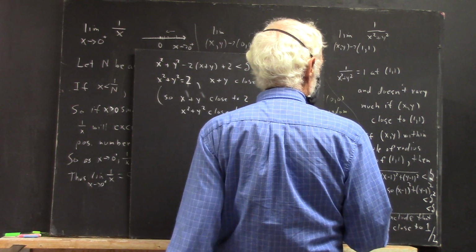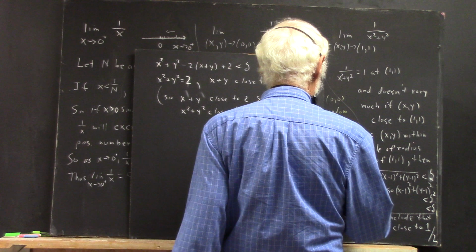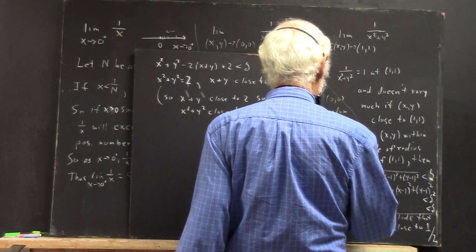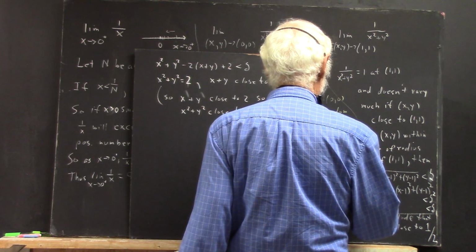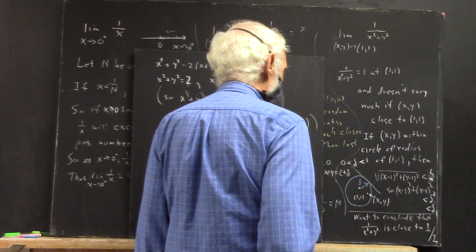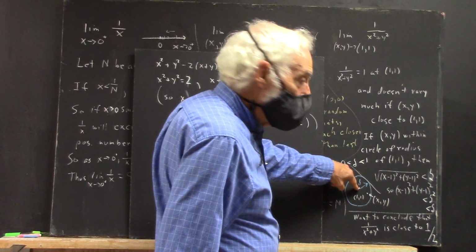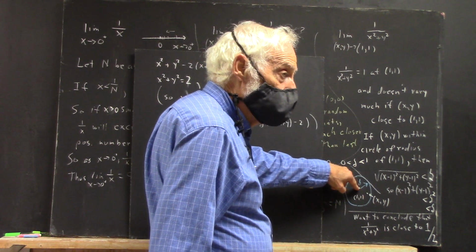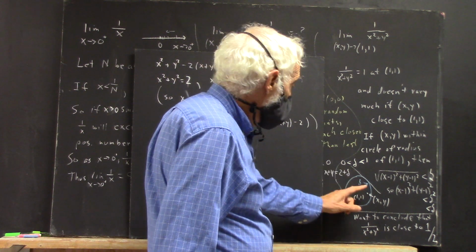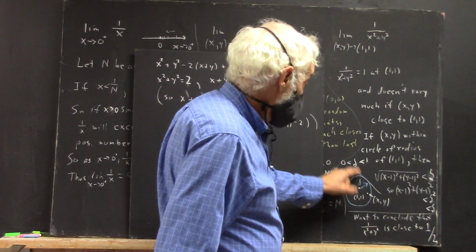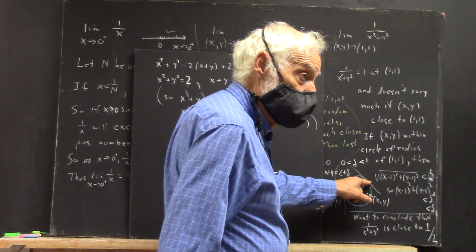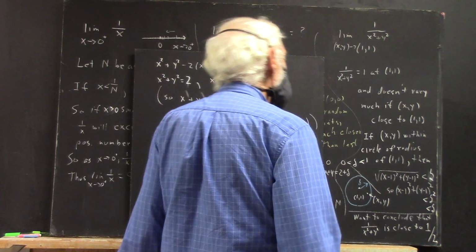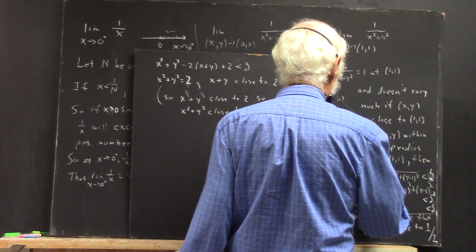It's actually the line x plus y equals two plus delta, because x plus y is 2 here, and you go another delta perpendicular to this line and you're out here. So the maximum turns out occurs here.